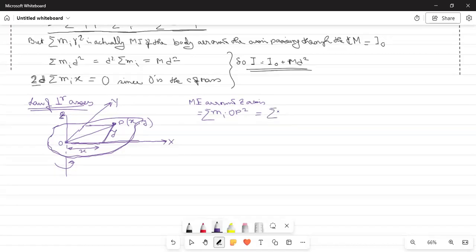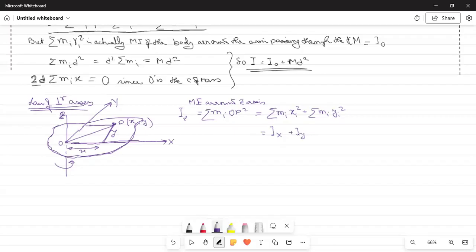So this is summation of mi xi squared plus summation of mi yi squared. We started with the moment of inertia around the z-axis, and we shall designate it as Iz. Automatically we find Iz is equal to Ix plus Iy.